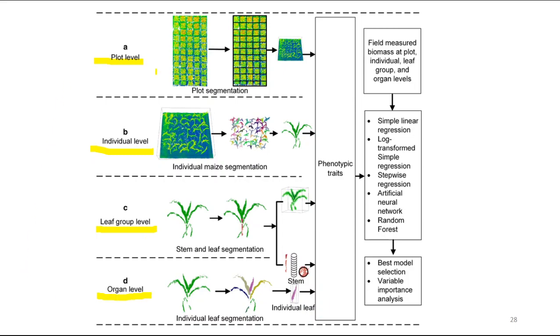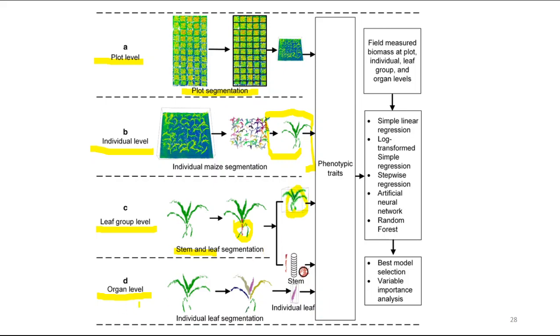For the plot level, of course, we can segment into small plots. For the individual level, we can separate each crop, one by one, like this. If we go deeper, we can separate the leaf and the stem. Here is the stem, and here is the leaf, so we can analyze them.